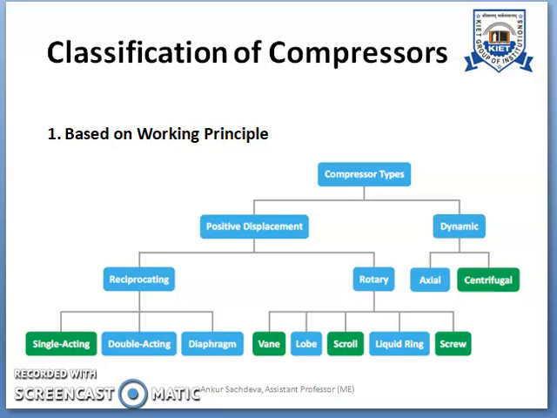First one we have axial and second one we have centrifugal kind of the compressor. And you know that in a centrifugal kind of the pumps, the centrifugal action is imparted to the fluid. Similar to here, the centrifugal action is being imparted to the refrigerant also.